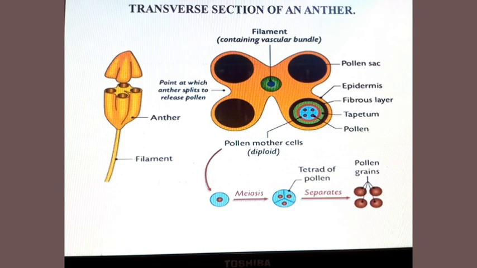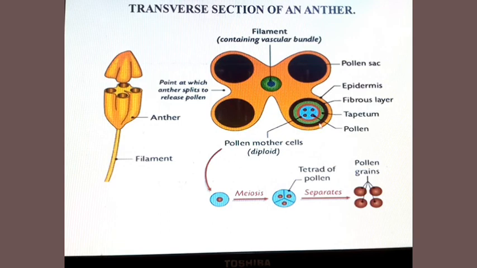So we shall see our anther head in such a kind of structure where we show 4 different pollen sacs, and within these pollen sacs we have a pollen mother cell. It is shown by this red color.